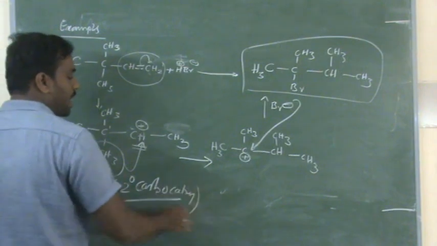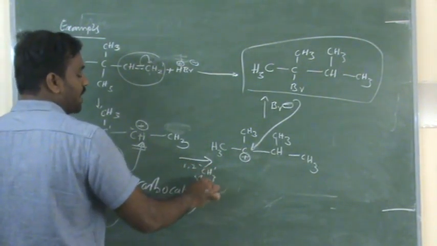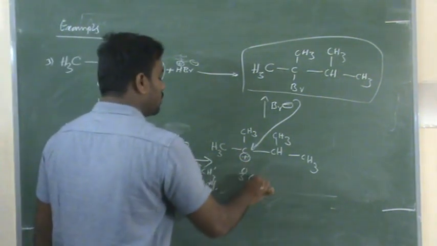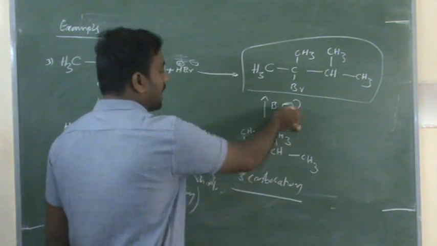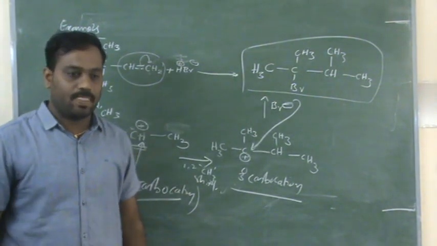This secondary carbocation converts by a 1,2 methyl shift to a tertiary carbocation, which is the more stable carbocation. Finally, Br minus attacks, and then we expect that product. Okay.